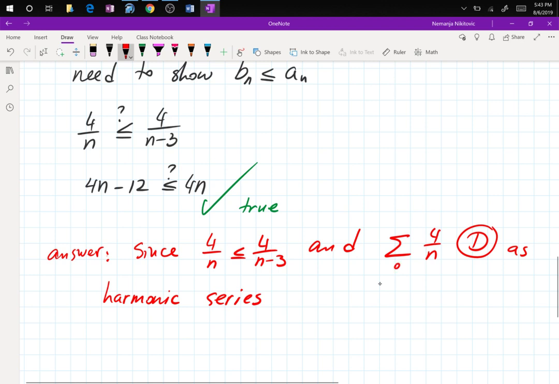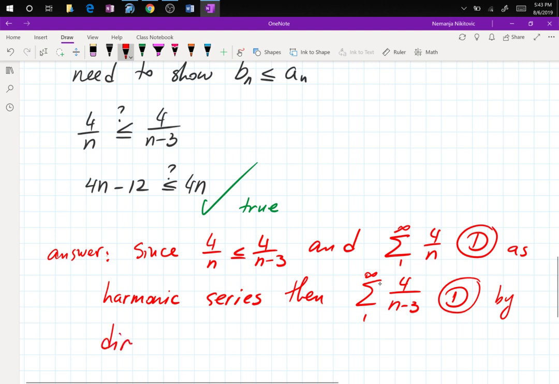So since this is the case, and diverges as harmonic series, then summation 4 over n minus 3 diverges by direct comparison test.